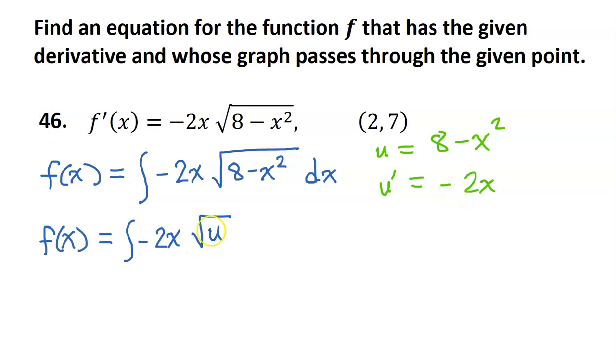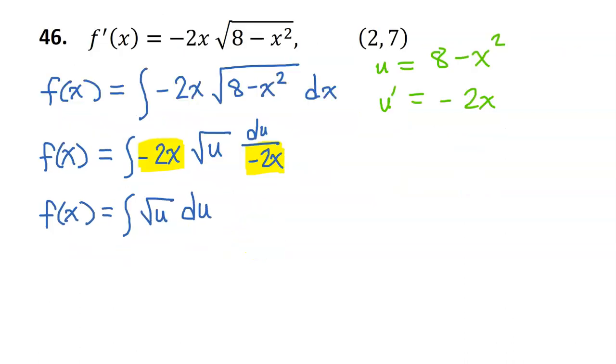Doing the substitution gives us this, but instead of dx, we write du over u prime. So du over negative 2x. But then we notice that the negative 2x in the denominator will cancel out the negative 2x that we already have. For a brief moment, we have this.